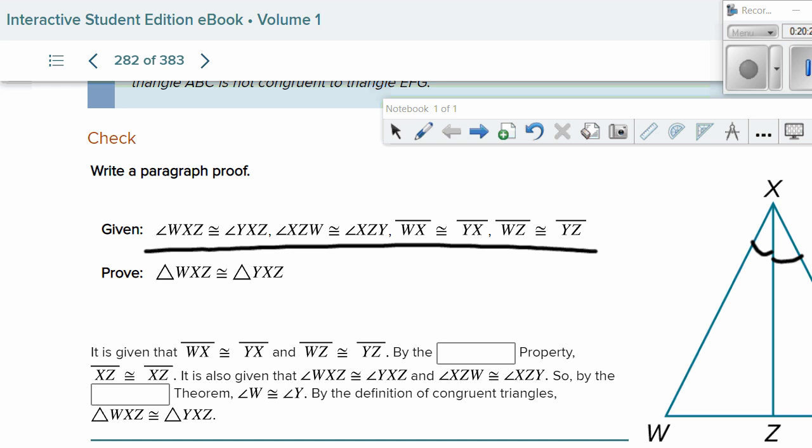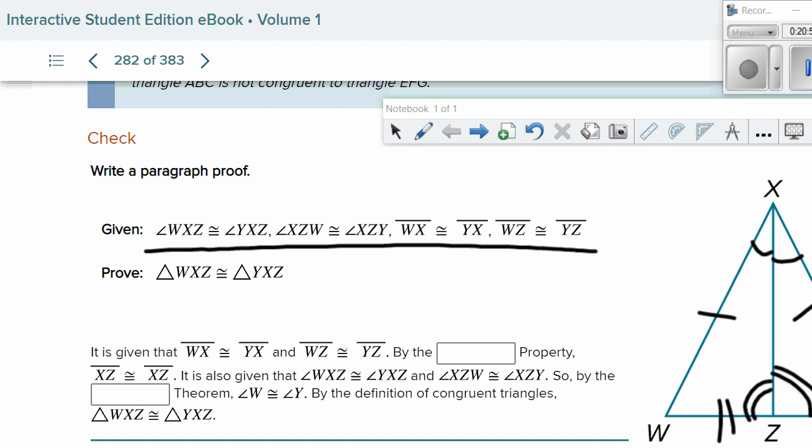Now, they're not telling me it's right, so I'm just going to say they're equal to each other, but I need to assume that they're right for them to be equal down there. Then they're telling me that WX is equal to YX and WZ is equal to YZ. So take everything they give you and prove it. I have to prove that all the corresponding pieces are equal.